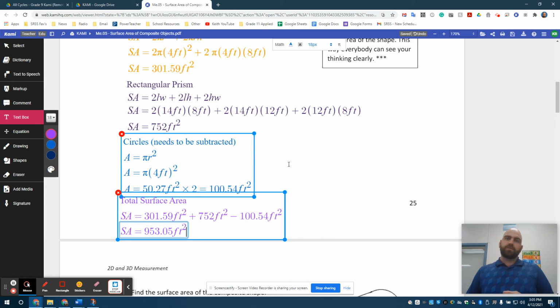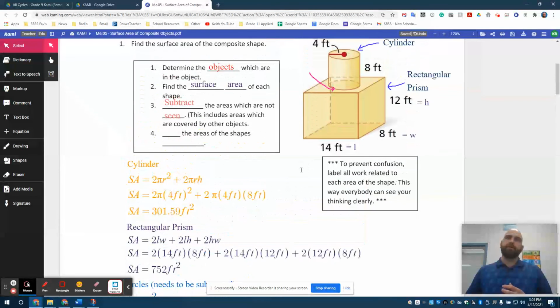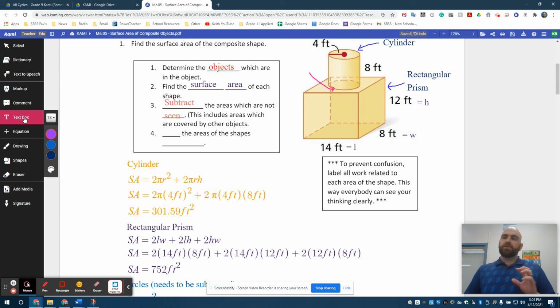So, in summary, let's go through this one more time. We start by finding the surface area of each of our pieces. Determine the objects that we have, and find the surface area of each. Next, we determine the area that needs to be subtracted off.